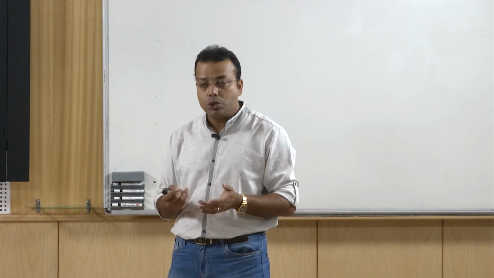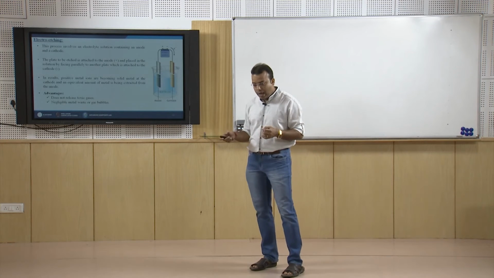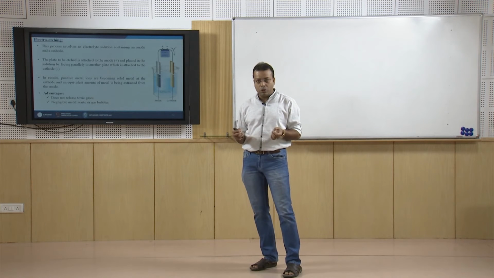There are certain advantages: it does not release toxic gases, and there is negligible metal waste or gas bubbles. As the material removal rate is very slow, it can be easily controlled. So, you can easily increase or decrease the layer thickness while doing the removal.